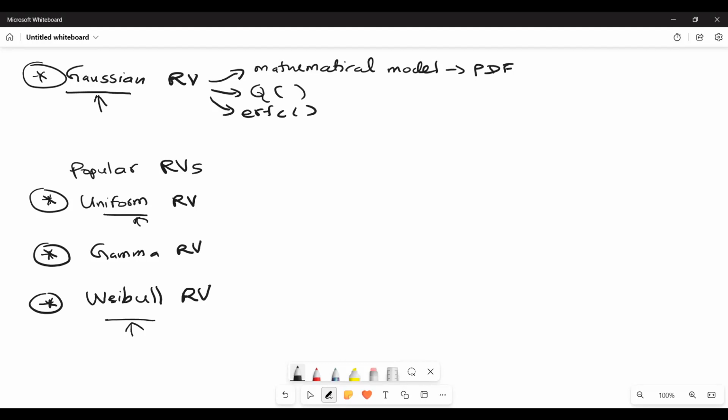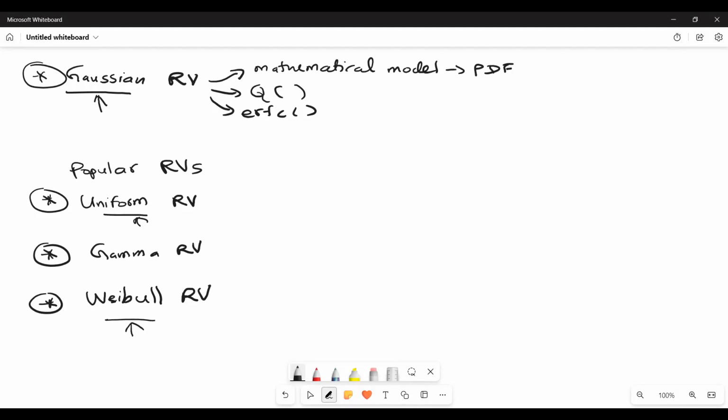Even in my PhD work, I used the uniform random variable and also the Gaussian random variable, mainly for application-centric modeling, maybe to model the location of the devices, the location of people.